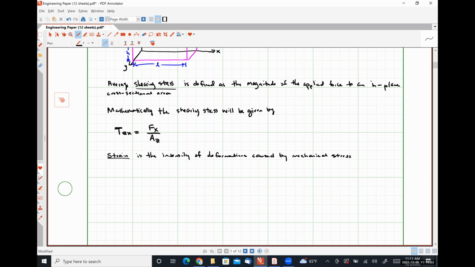Okay. So both the normal stress and the shearing stress are going to have an associated strain. So let's start by looking at effectively normal strains. I should have just made a copy of this picture since I'm going to redraw it over and over again. But let's look at this guy again. So we have our beam.